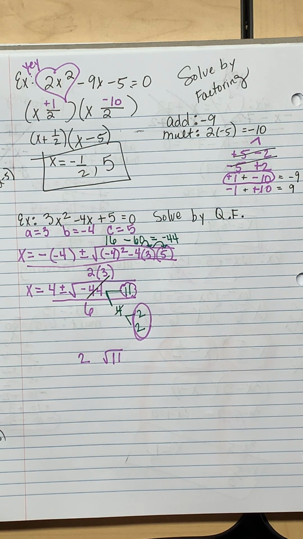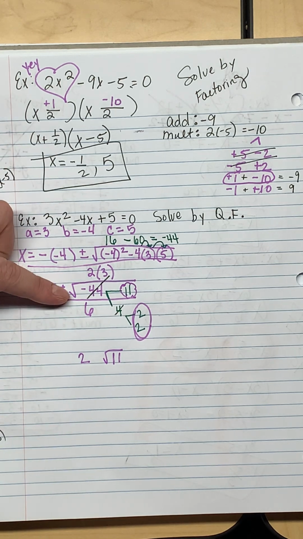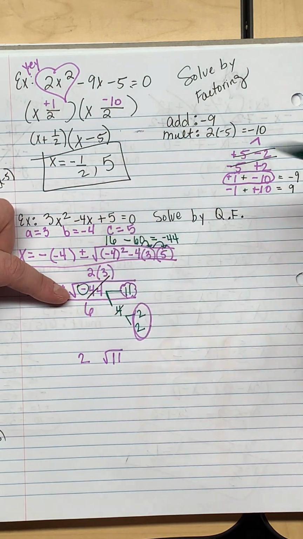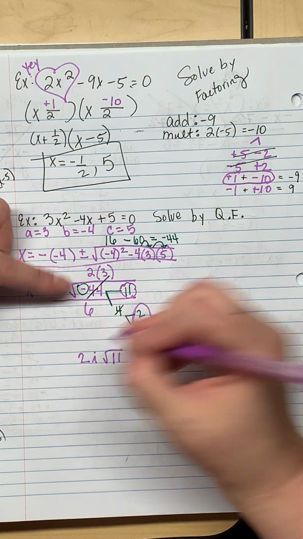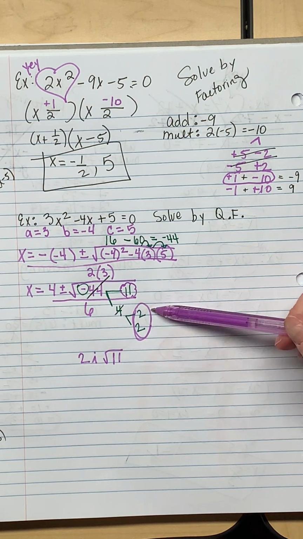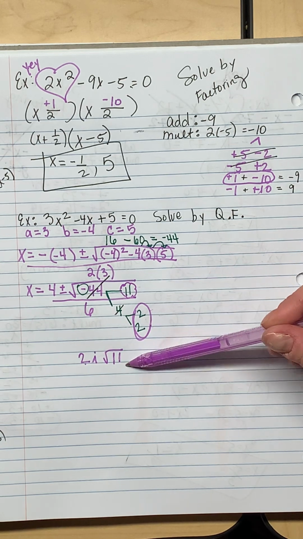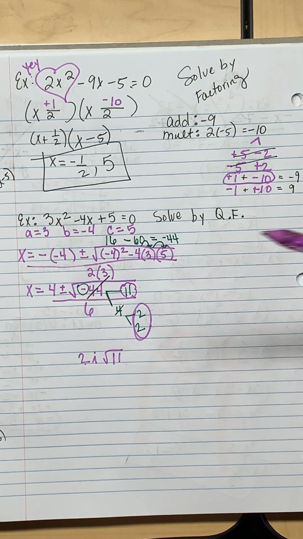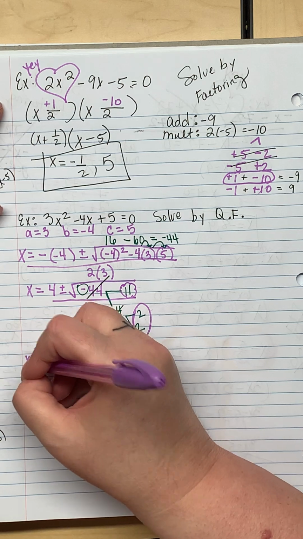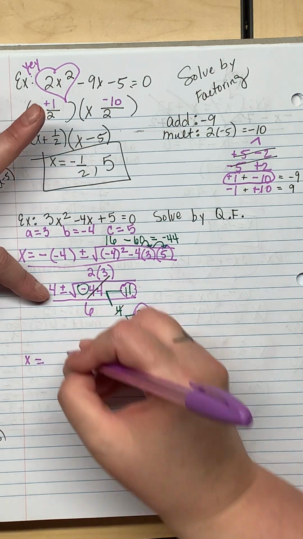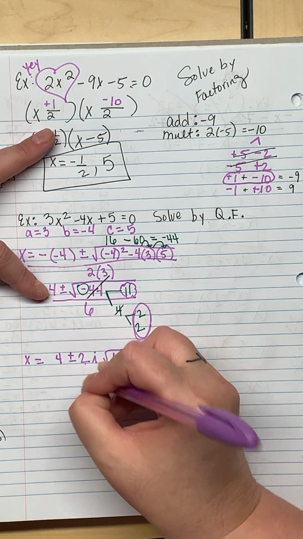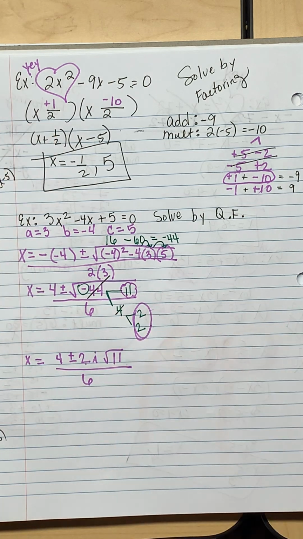And also, because of that negative inside the house, I get an i. So the pairs come out as one number. The single goes back in. The negative becomes an i. And then let me not forget the rest of the problem. It was x equals 4 plus minus something over 6.